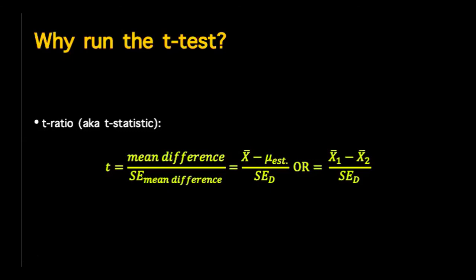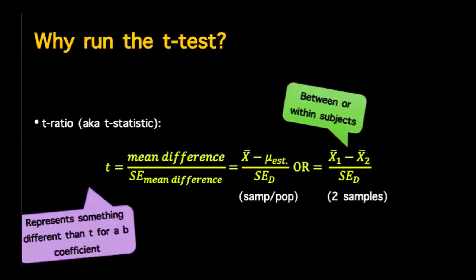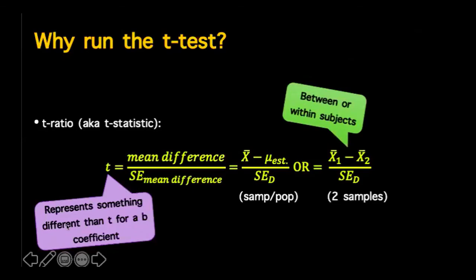We introduced these last week when we talked about finding t-statistics for the B coefficients that you guys use to make the regression equations, okay? So it is important to note two things, okay? The t that we calculate this week is going to be different than the t we calculated for the B coefficient.